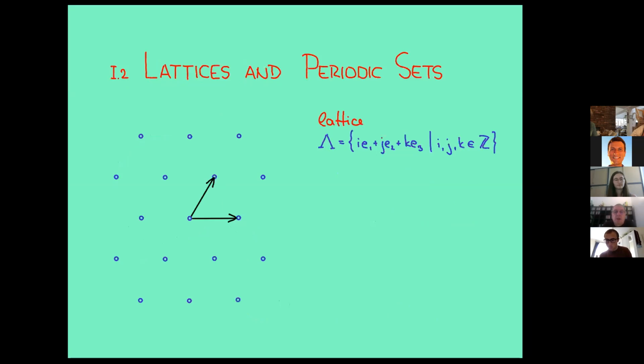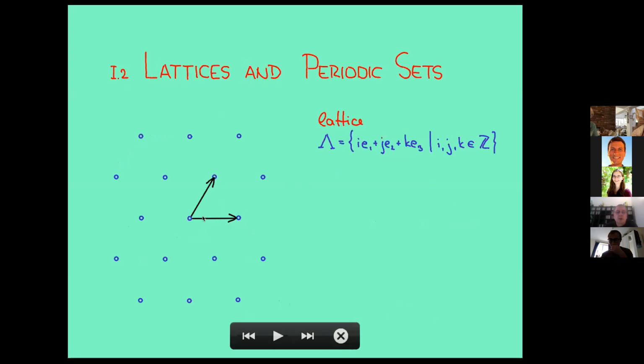And a particular case are the lattices. So a lattice would be given by 2 vectors, I call them e_i, e_1 and e_2, or 3 in 3 dimensions. And it's the collection of all integer linear combinations of these vectors. So usually the vector in the middle, that'll be the 0, and then you have this whole collection of vectors. So this is a lattice.